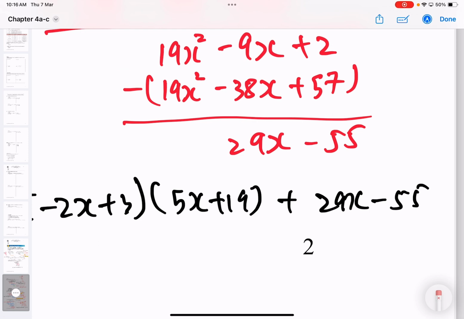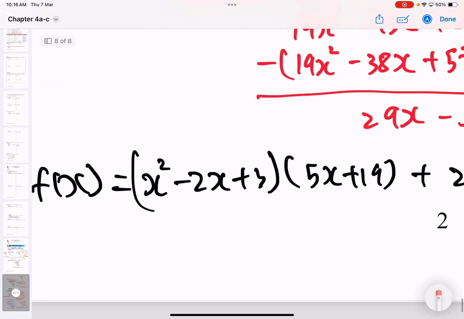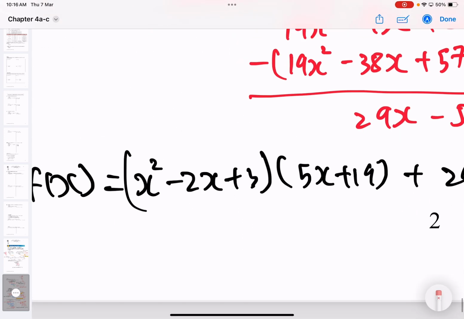Whenever you divide, the question which may occur is just a 1-mark question.